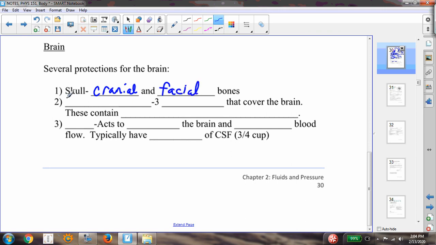And the meninges. These are three membranes that cover the brain. And these contain CSF. CSF is cerebral spinal fluid.